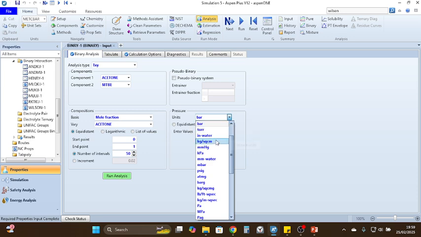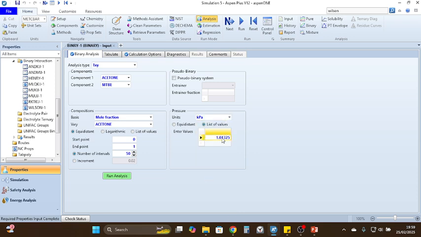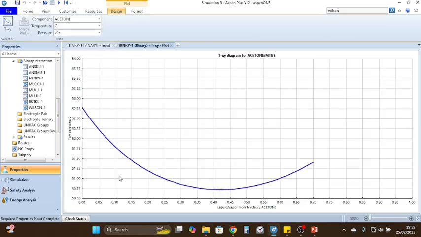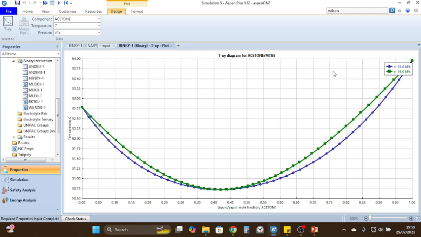But the pressure of the experimental data was 94 kilopascal, right? So let me change it to 94 kilopascal and run the analysis. This is the graph that we are getting, and the temperature is in degrees Celsius.